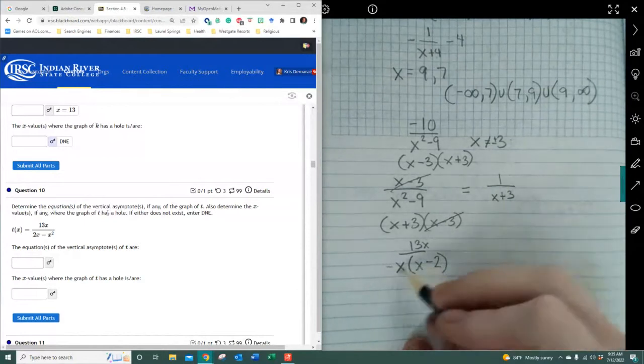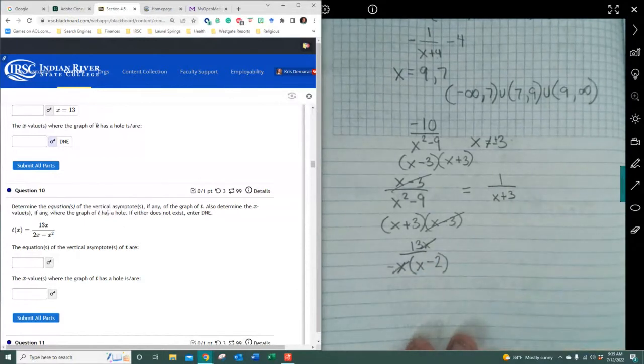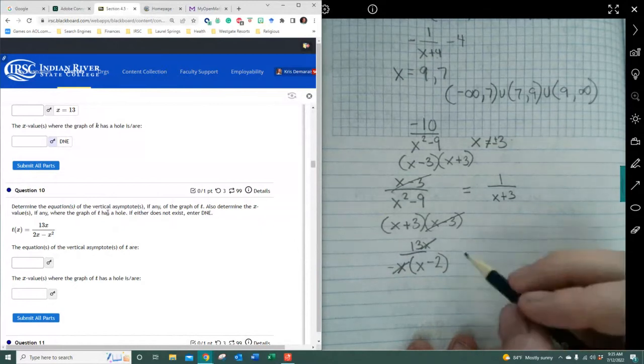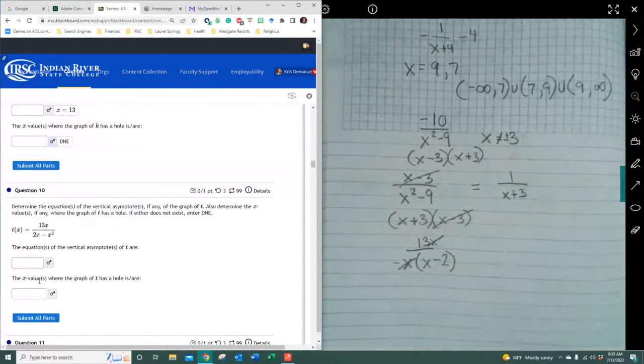Then the x's knock each other out. But at the value of 0, there's a problem, because you can't divide by 0. So we consider that a discontinuity point. We have to recognize that as a hole.